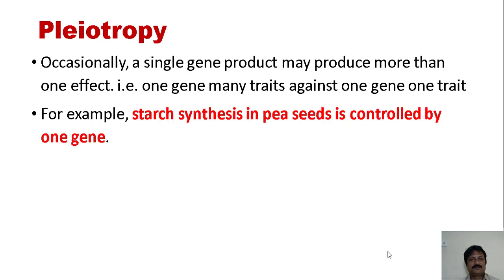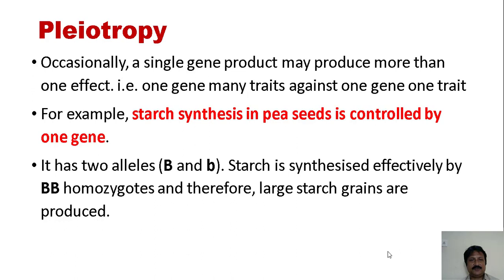For example, starch synthesis in pea seed. This is controlled by one gene. This starch synthesis gene has 2 alleles, capital B and small b. Now, starch is synthesized.